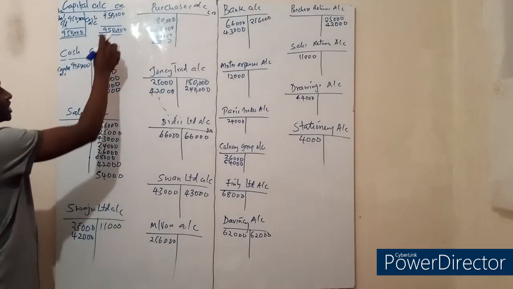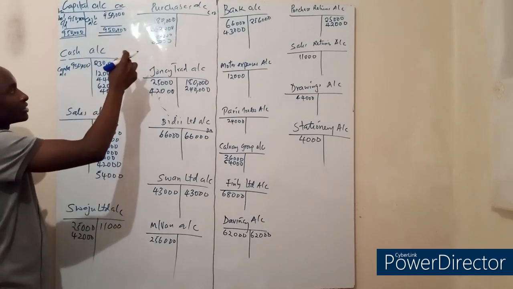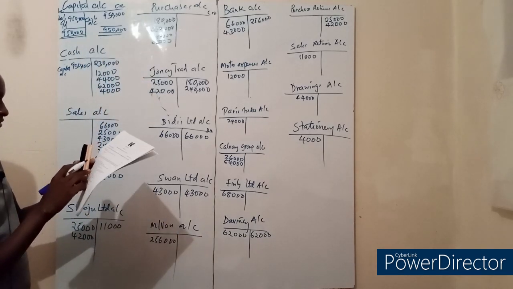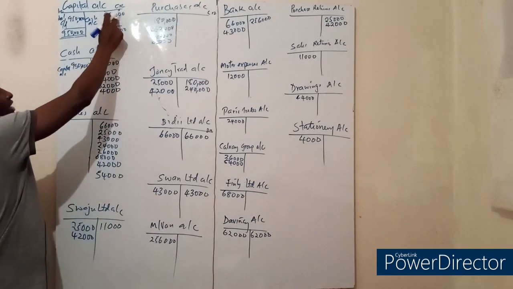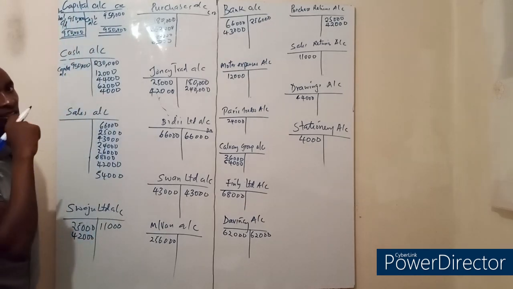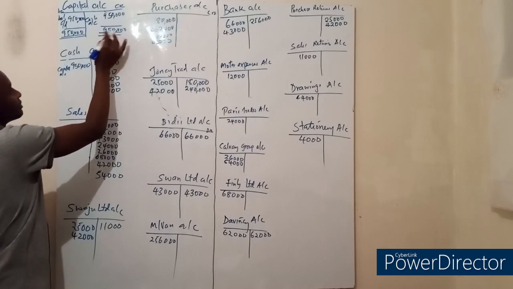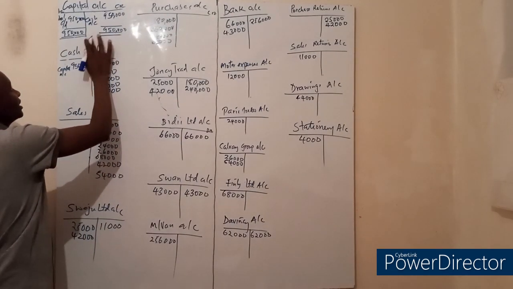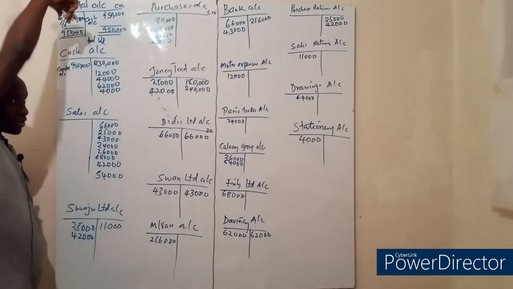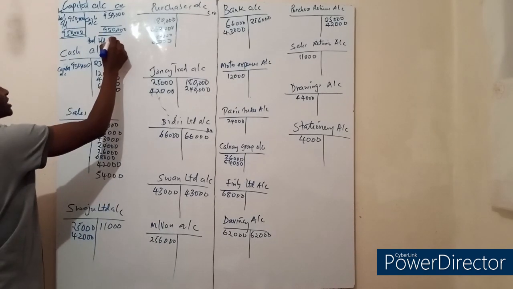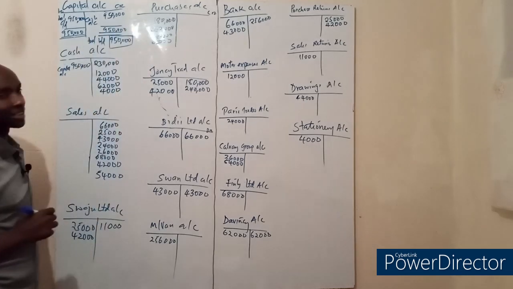Are we together? Since this side is heavier than this other side, it means that in the next financial month, for this case February 1st, this capital account will have a credit balance of still 950,000 Kenya shillings, isn't it? So you write here, in the next month of February, balance brought down from January, 950,000 Kenya shillings.